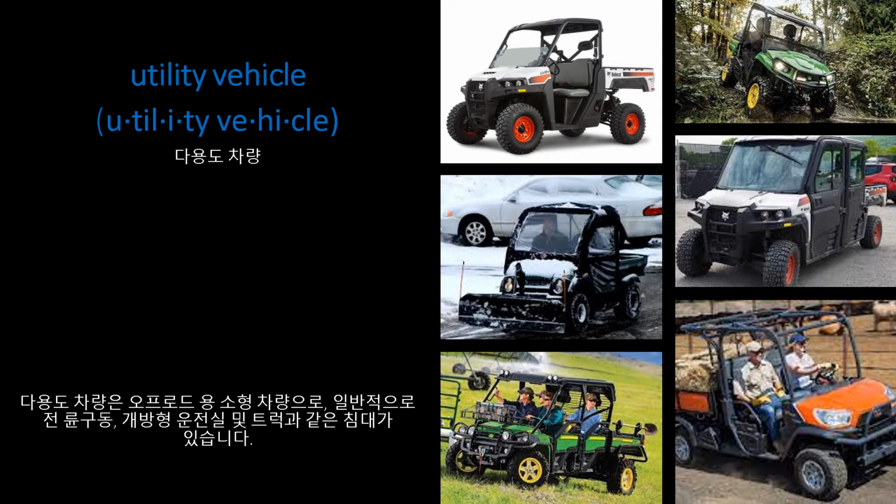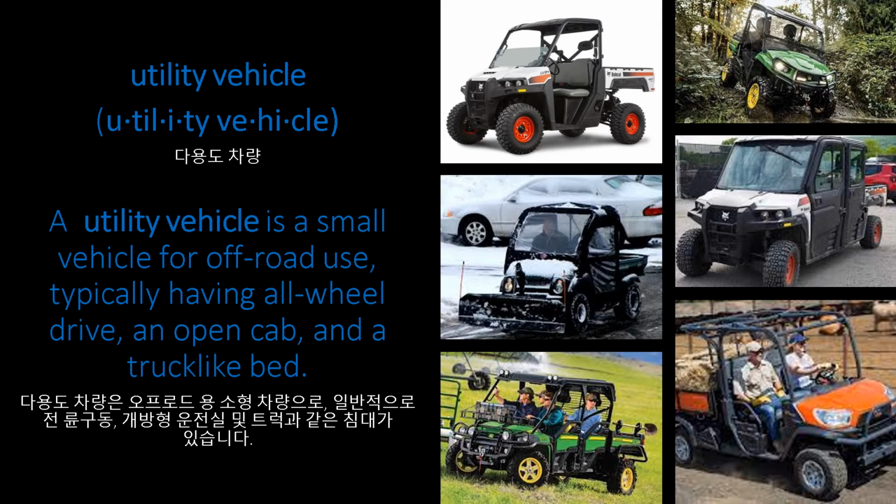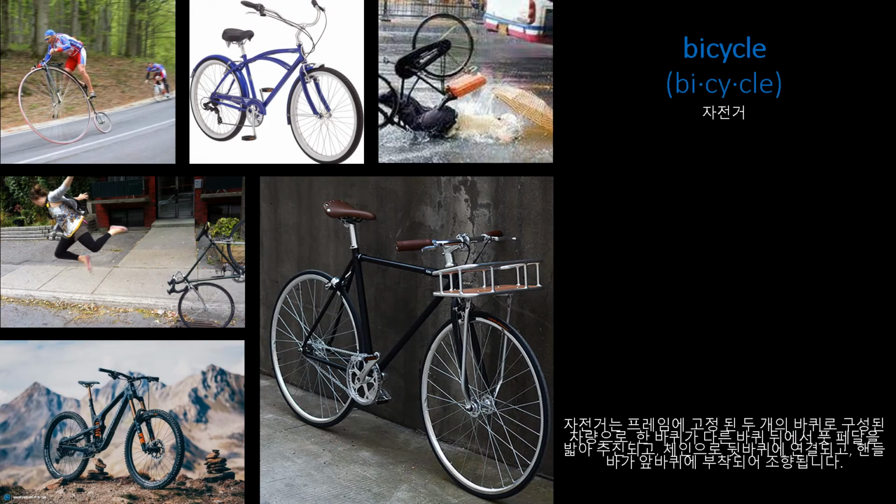Utility vehicle. A utility vehicle is a small vehicle for off-road use, typically having all-wheel drive, an open cab, and a truck-like bed. Bicycle.